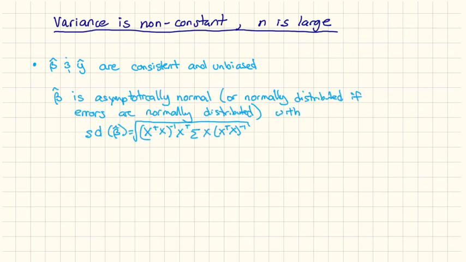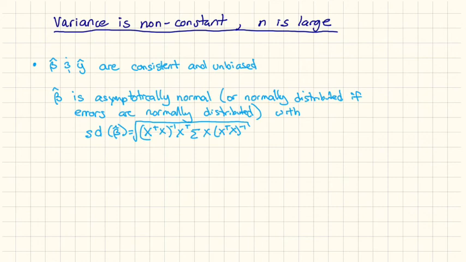The estimators are still asymptotically normal, or if the errors are normally distributed, then they're actually normal and not just asymptotically normal. The problem now is that our standard deviation or our standard errors are no longer so simple. There's that weird sigma in the middle of them.